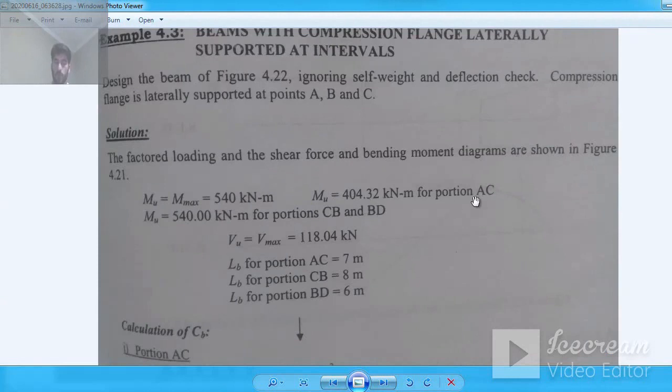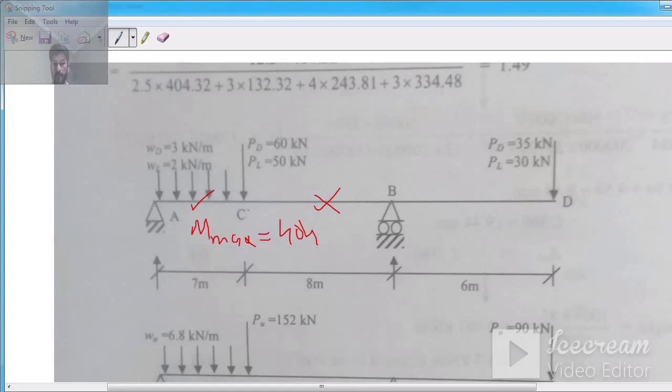This moment will be used for CB and BD. So that's why they considered 540 for CB and BD, because it will count, and for that portion they considered 404. Clear?